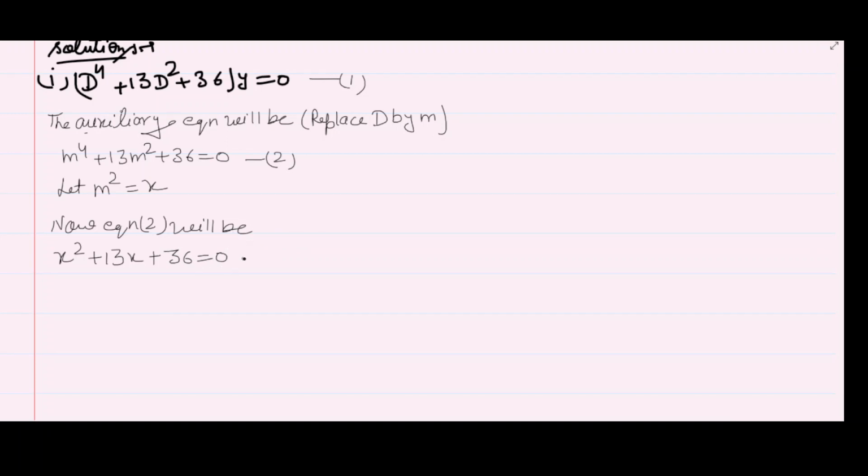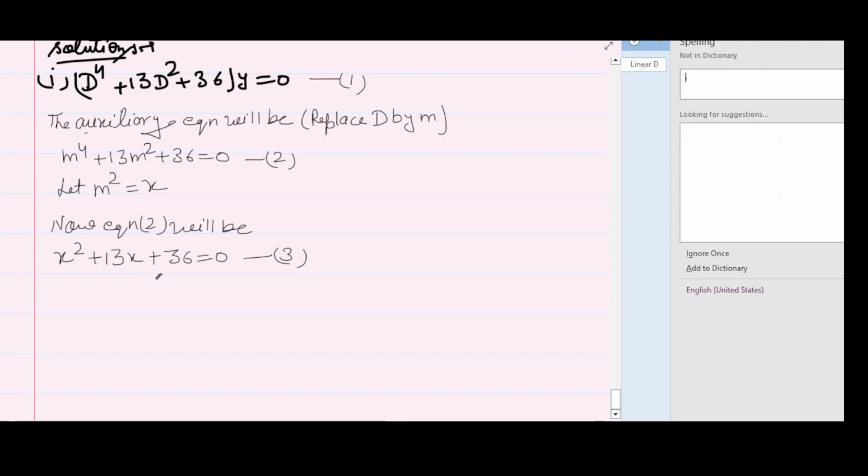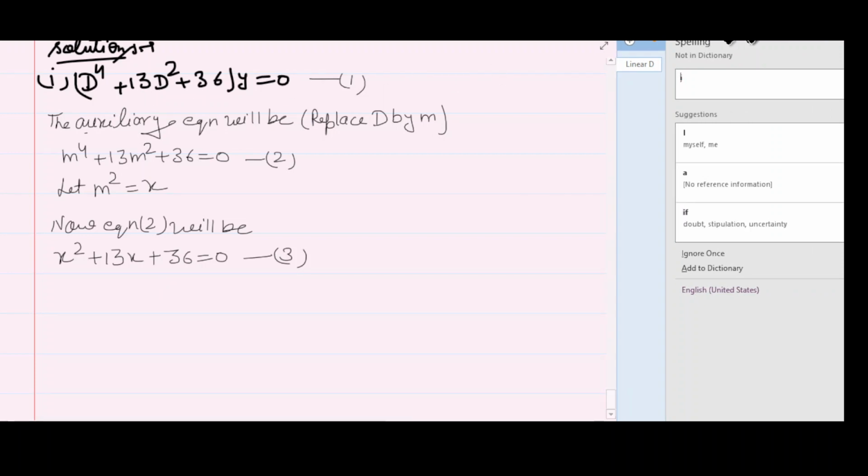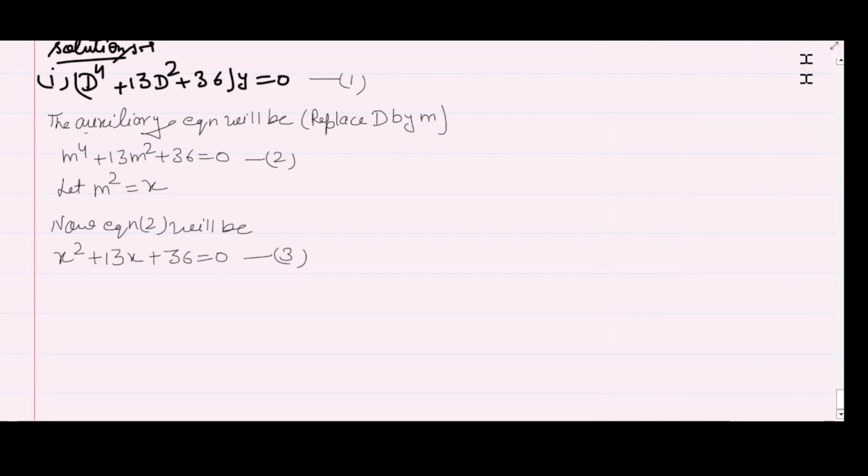Now this is a simple quadratic equation, and now we can solve it by factorizing it. So how can we solve this? The factors of 36 will be 9 and 4. By adding these two we can get 13.